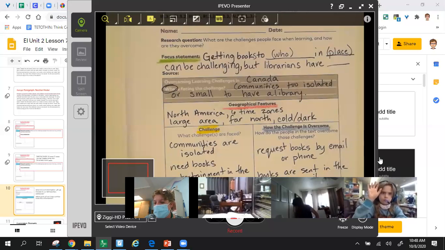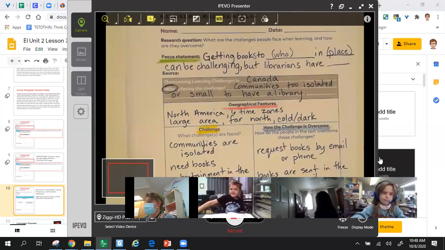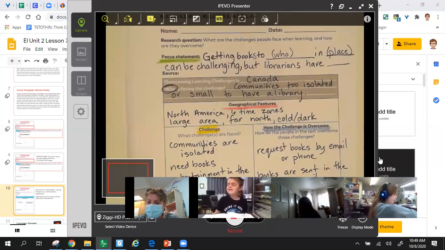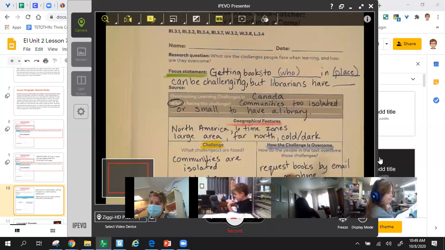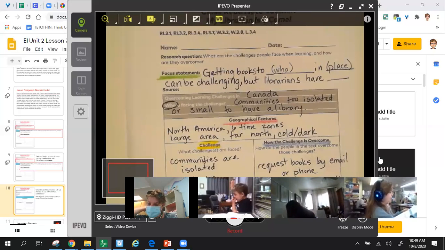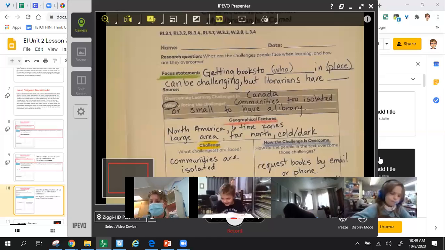All right, Lila Morris, would you like to read your sentence to us? Go for it. And then I'm going to ask somebody here to share their sentence. So my sentence is getting books to children in villages can be challenging, but librarians have book boats that can give books to the children. Then a bus picks them up. Very nice, Miss Lila. Did you have Finland in that sentence somewhere?